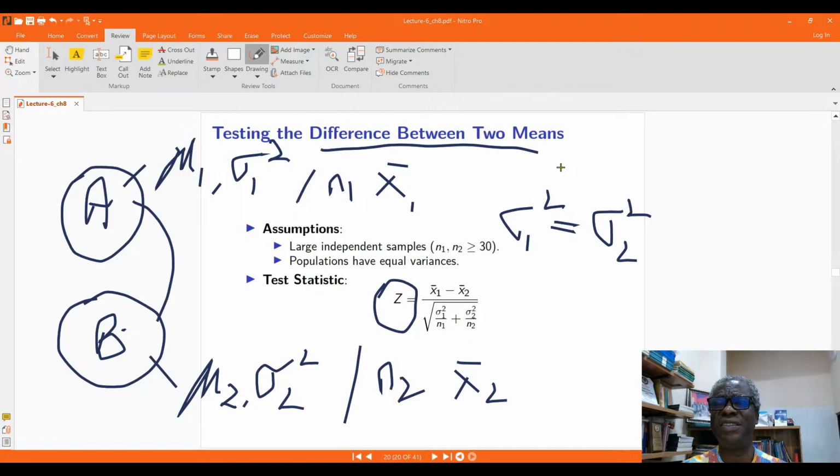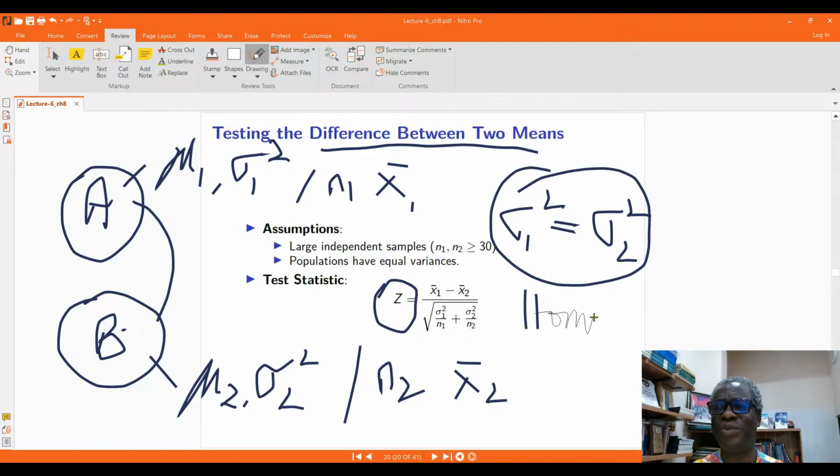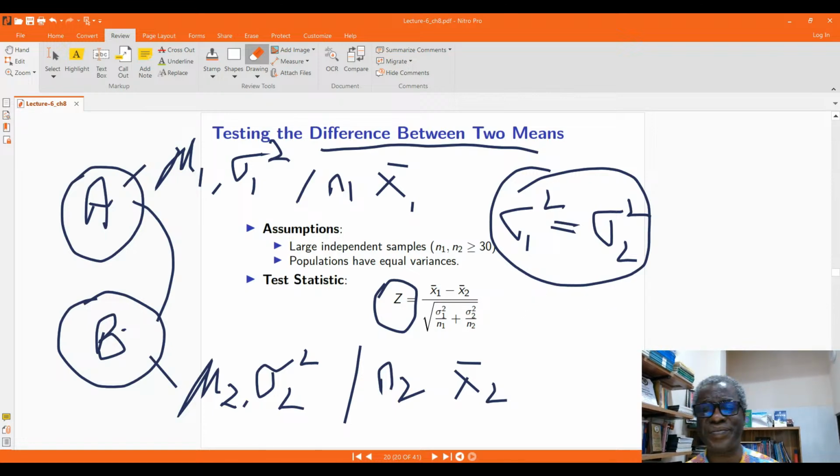Equal variances is what we call homoscedasticity, but you will not need to worry yourself about that. You will learn about equal variances and unequal variances. The formula for the statistic is what you see here.